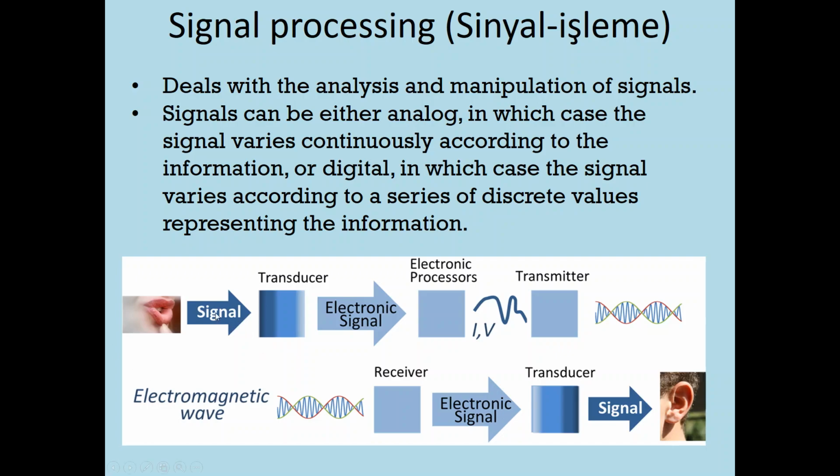So this is basically the processing you will have. You speak here, you generate a signal, and you have a device called a transducer. Think of it like a mic. The mic transfers your analog speech signal into an electrical signal. Then you start processing your electrical signal inside your mobile phone so that you prepare it in a form suitable to be transmitted.